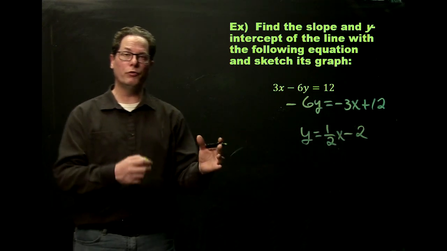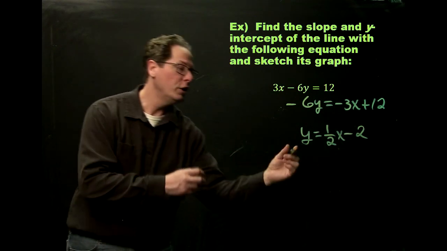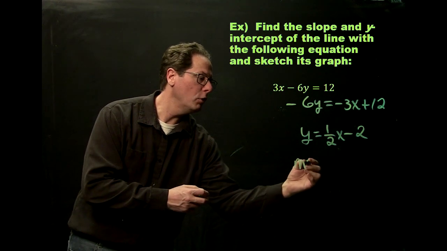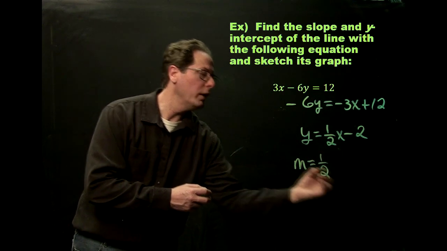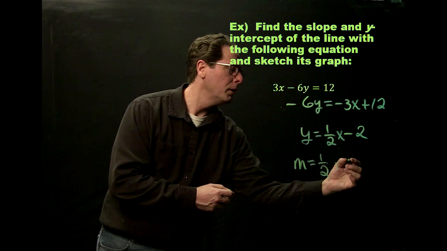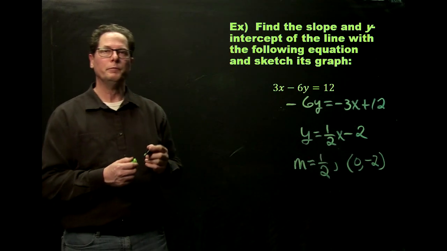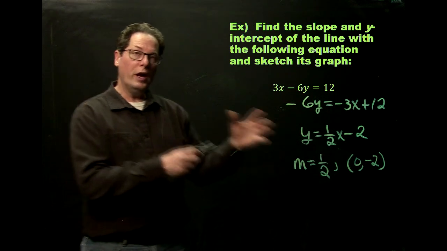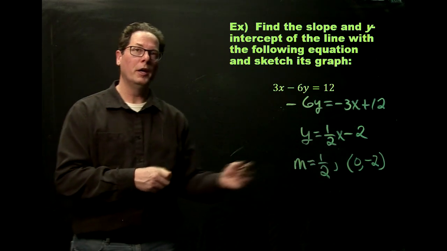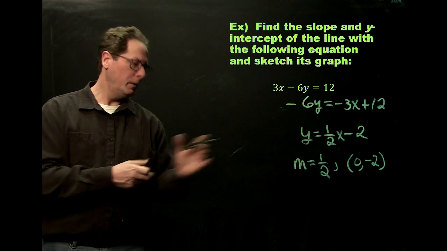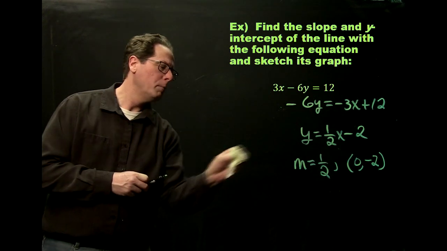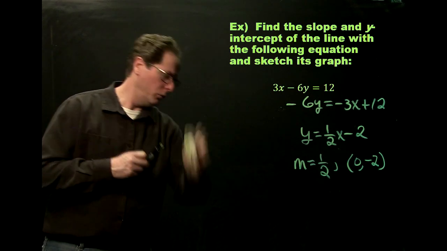Once you have it in this format where we've solved for y, you can immediately tell what the slope is. The slope of this line is 1/2, and the y-intercept is 0, minus 2. Once you have the slope and the y-intercept, you can graph this function. You can get a nice little picture going. So let me do that real quick.